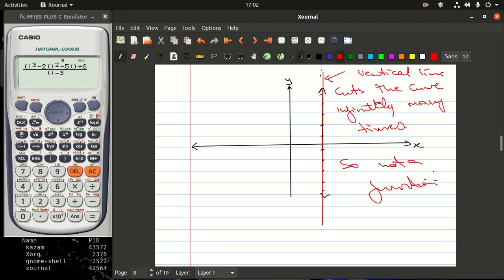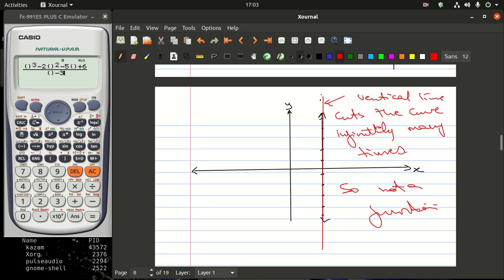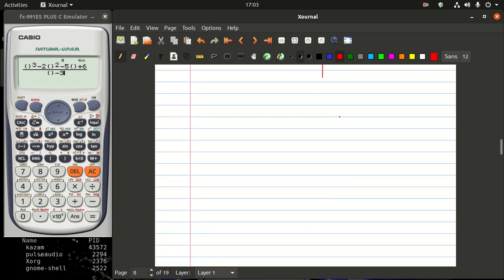So the vertical line test fails to prove that this curve is a function. That is why most people say the vertical line test fails, but that's what this actually means.